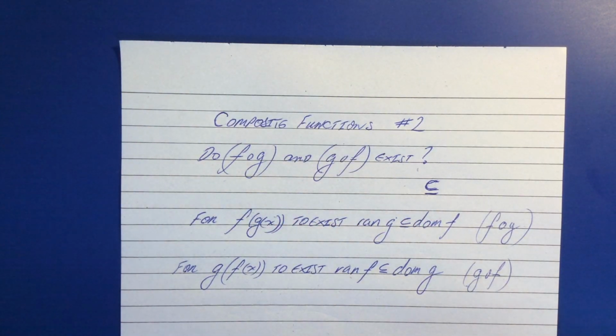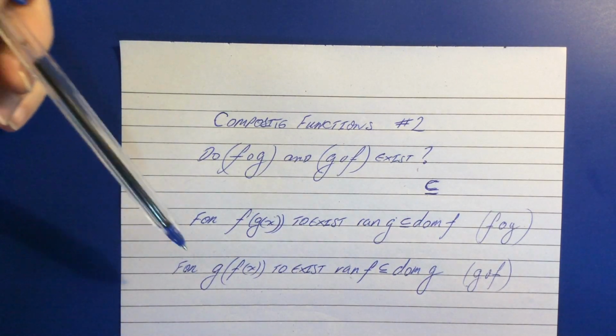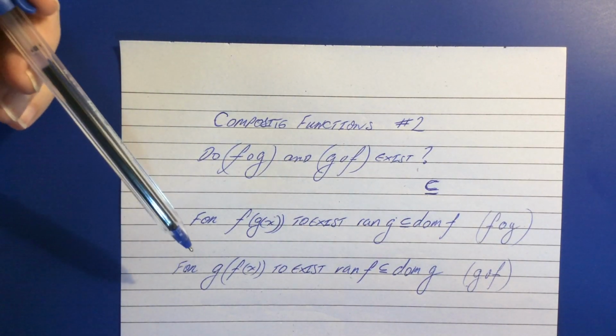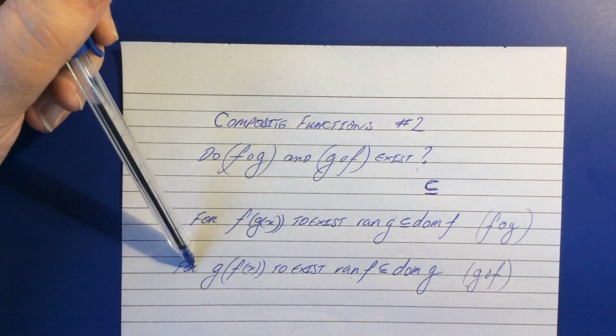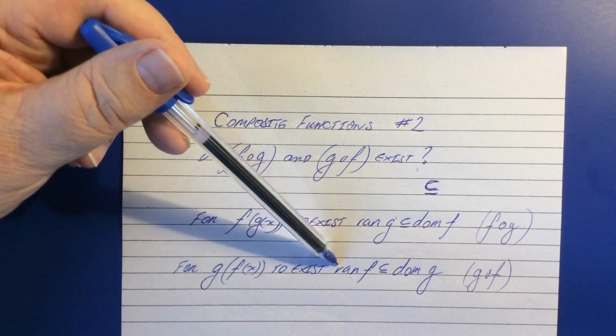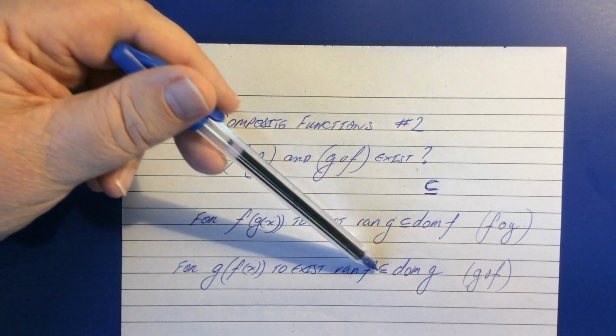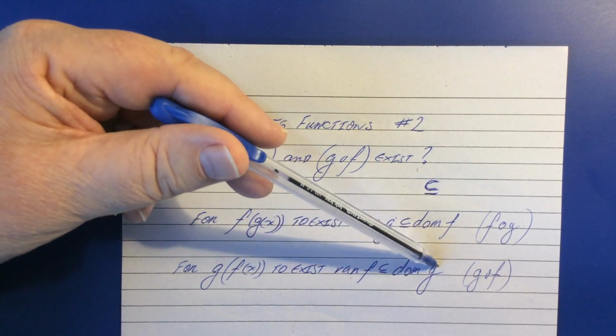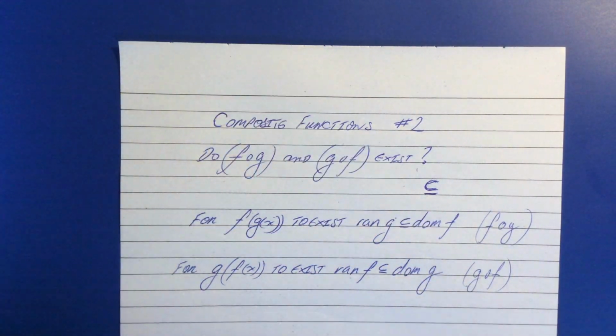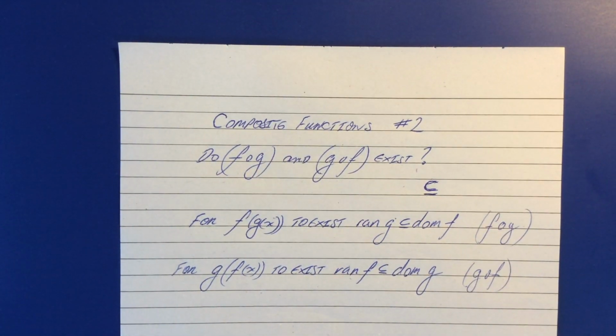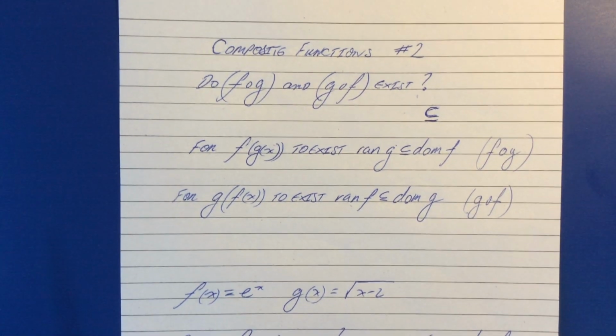Simple rule. If you think about it, it does make sense. We'll come back to it. We'll see this in practice. For g of f to exist, the range of f must be a subset of or equal to the domain of g. Those are the two rules. Now let's take a look at this in practice.